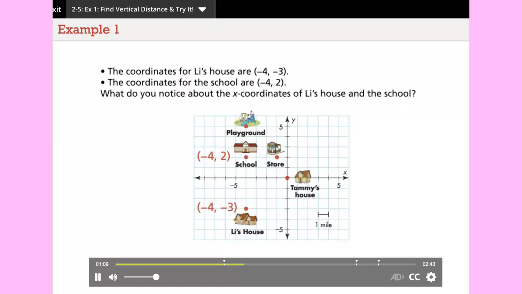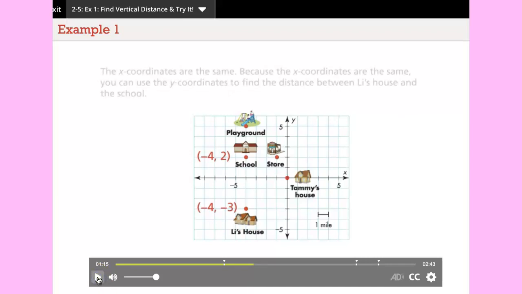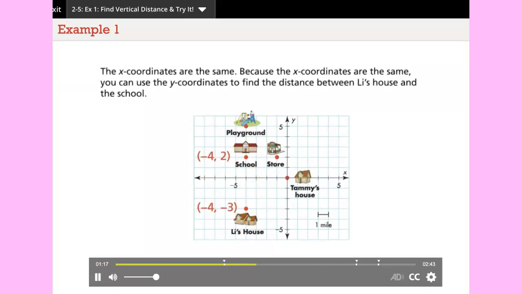What do you notice about the x-coordinates of Lee's house and the school? Let's pause this video and talk about what you have noticed. If you see that the x-coordinates are the same, right? So what are we going to do to find the distance, other than counting the steps or counting the blocks? The x-coordinates are the same.